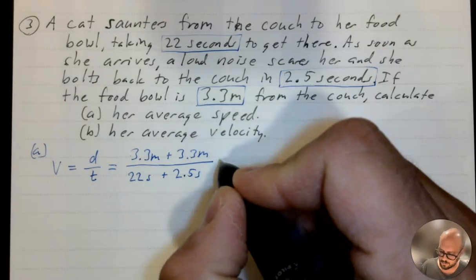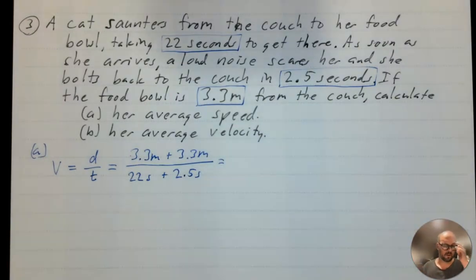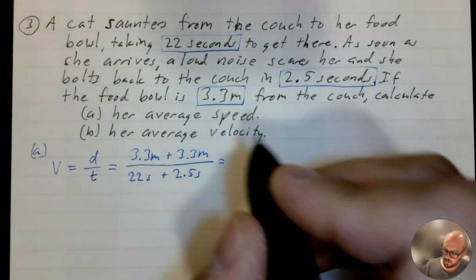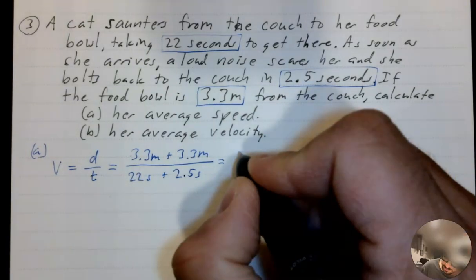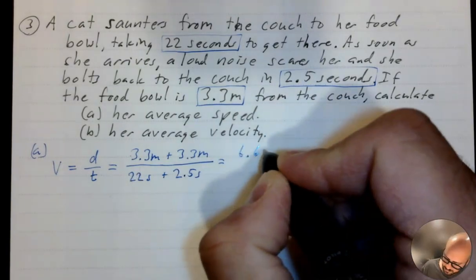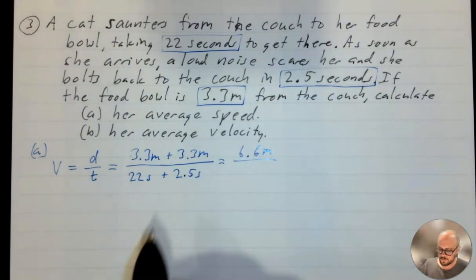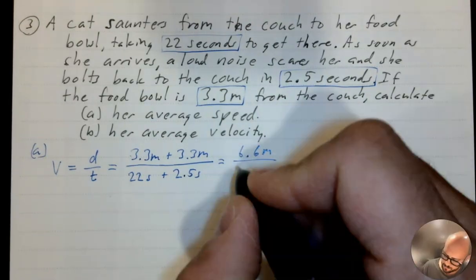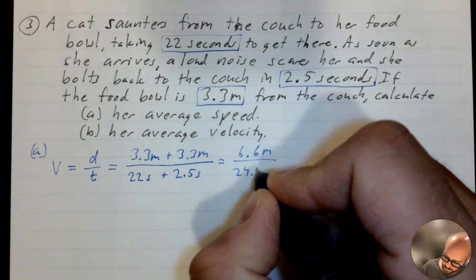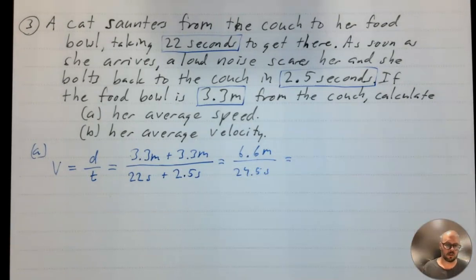So both legs of the journey are represented in separate parts of that fraction. 3.3 twice is 6.6 meters. And then 22 plus 2.5 is 24.5 seconds. So 6.6 divided by 24.5.